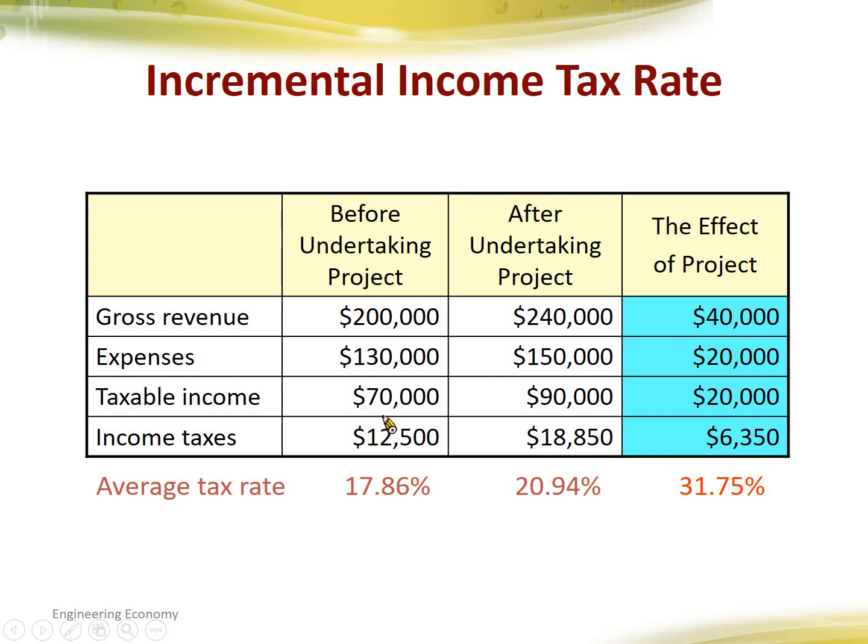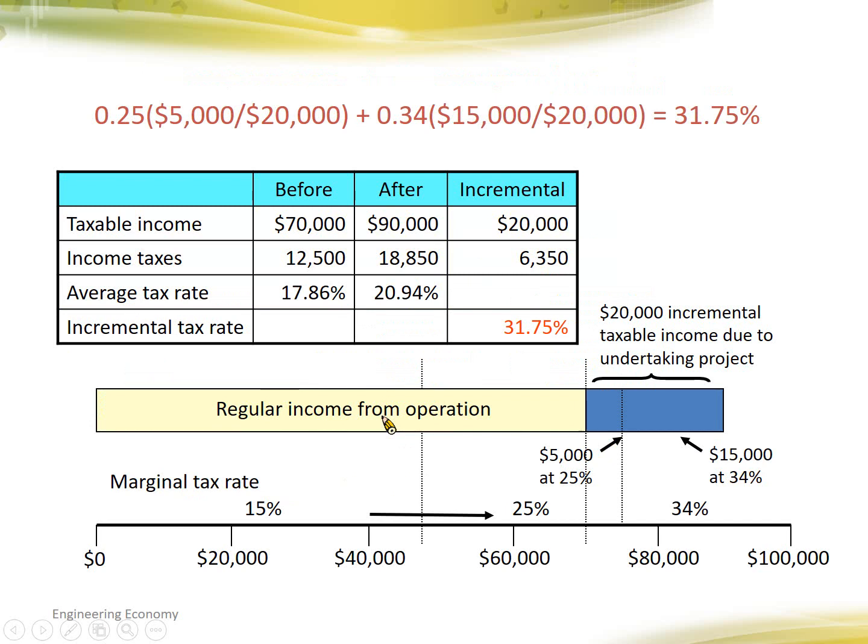From this part to this part, you can probably tell that it must be higher, since it raised the average income tax from 17.86 to 20.94. But how much? This is what we can find. It really depends on where it falls. So the original income tax is like this, the taxable income is like this, and at different brackets we need to pay different rates.